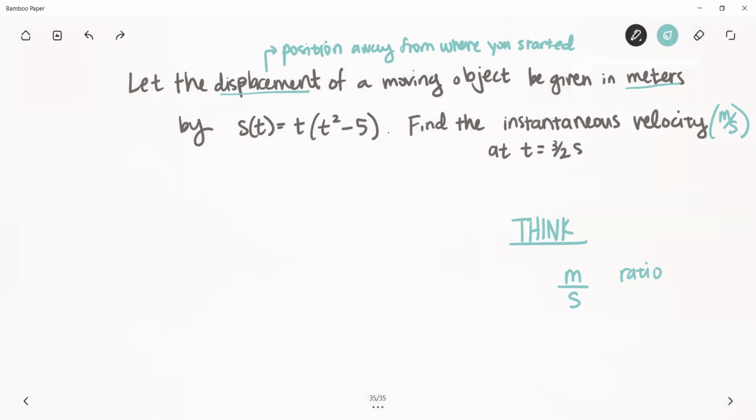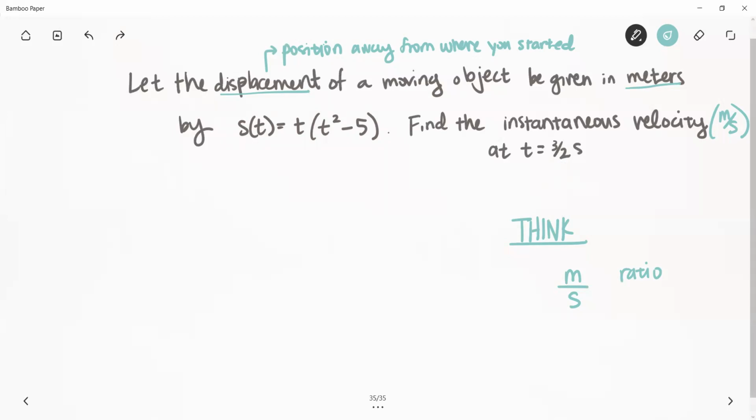Now, the way this is set up, this will make more sense, like I said, if you watch the other video, but if you just briefly think about it, if an object is moving with a velocity, you're not going to stay in the same position. Your position is going to change.